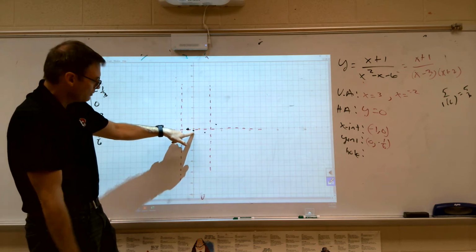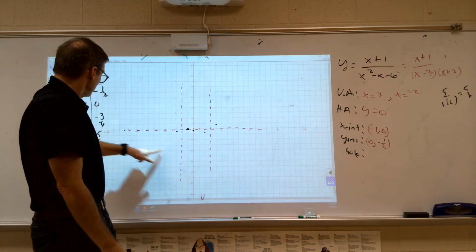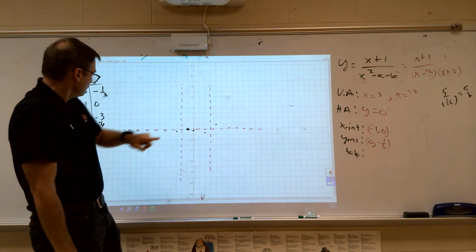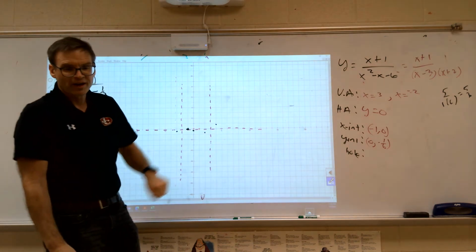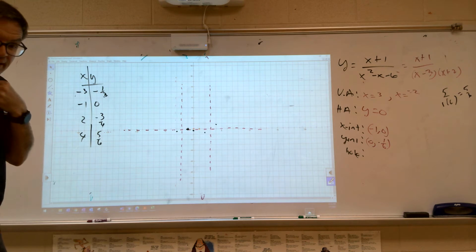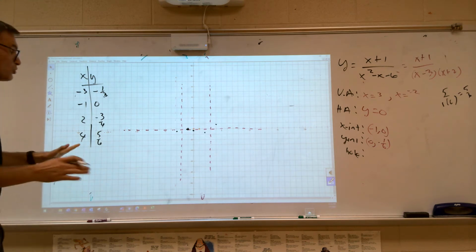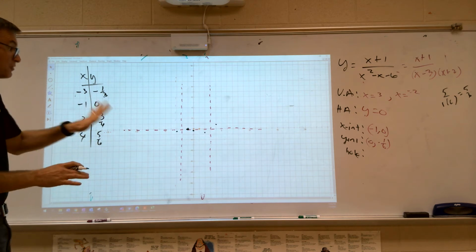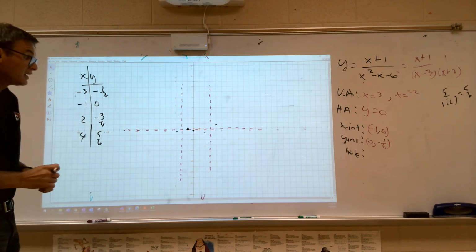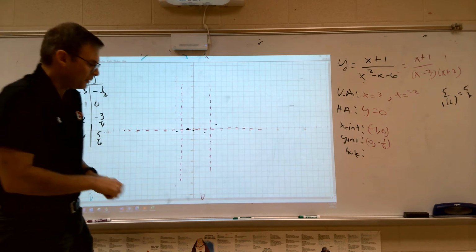You have your y-intercept, which is at 0, negative 1/6. You got another dot at 2, negative 3/4, and you have a dot at 4, 5/6. All right. And once you have those dots, you have enough information to come up with this picture. And we can actually come up with a fairly accurate picture, which is kind of scary, right?